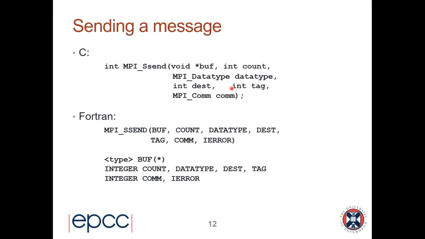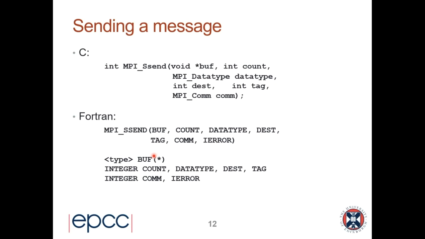Now in C, these things are parameterized, so the data type, which is something like MPI_INT, is of type MPI_Datatype. The communicator is type MPI_Comm. In Fortran, at least in the Fortran 90 interface, these are just integers. This is a pseudo syntax to say that this buffer can be an array of any type. This is where the confusion arrives. This is illegal Fortran, at least in Fortran 90.